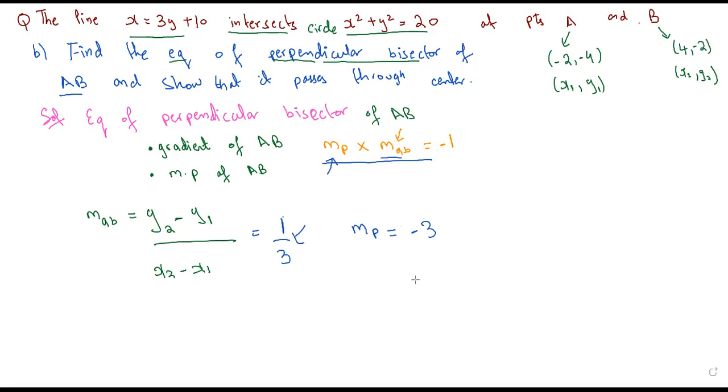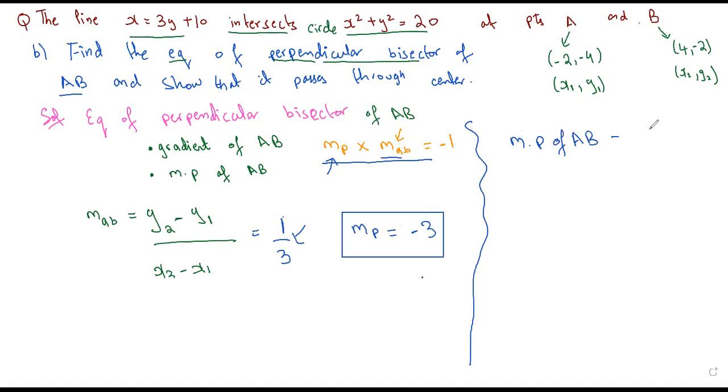And we have the gradient, we need the point, and that point would be the midpoint of AB. So how do we find midpoints? Basically, the midpoint of AB is going to be a point with (x1 plus x2) by 2 and (y1 plus y2) by 2.